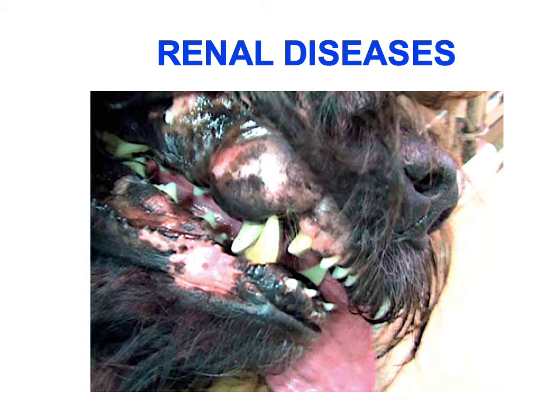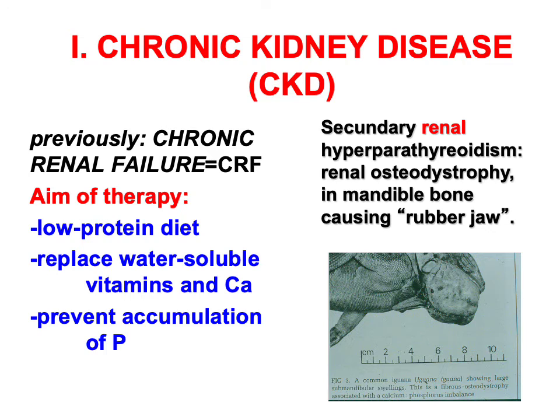The first kidney problem to speak about is the chronic kidney disease, or CKD. Previously it was called chronic renal failure, CRF, and you will find it under this name in the previous textbooks. But this is not only a play with the words, because chronic kidney disease has stages.